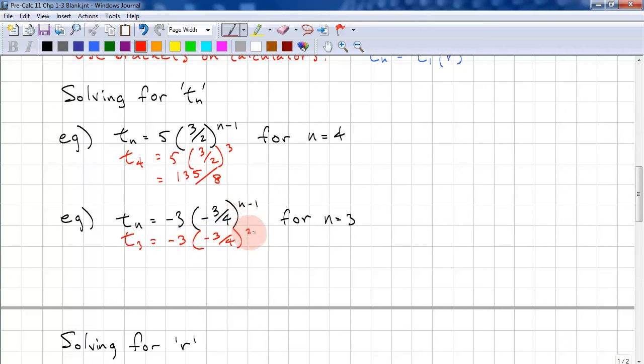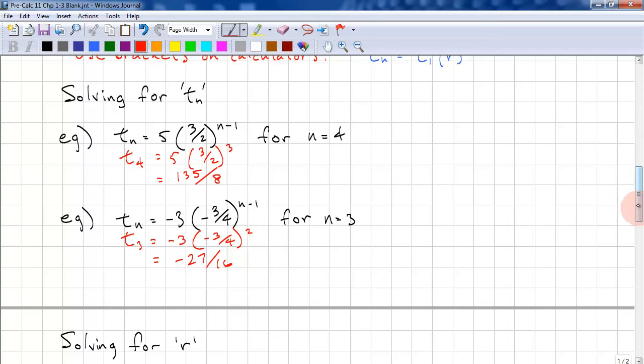And 3 minus 1 is 2. And it's necessary for you to leave this as an improper fraction rather than a decimal value. So you can always multiply the numerators and put your answer down, and multiply the denominators and put your answer down.